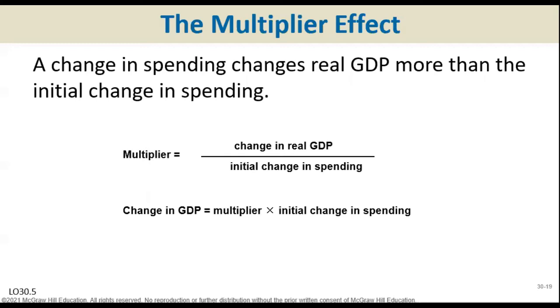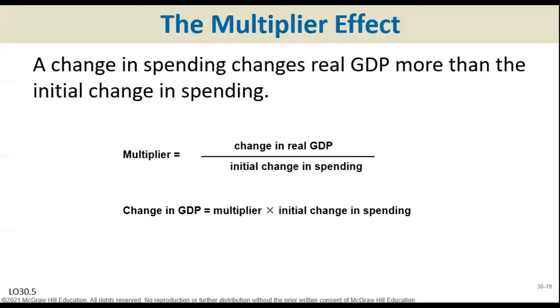The multiplier alludes to the fact that when you make a change in spending, that change generates a larger change in real GDP.